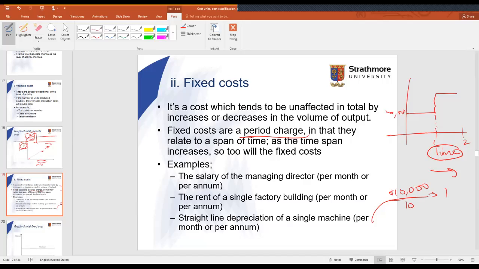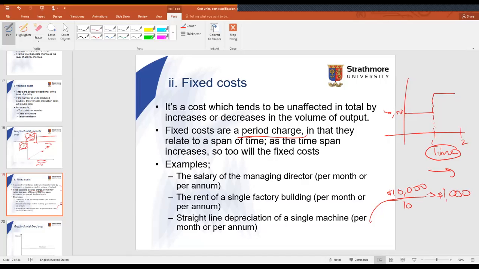So every year, the amount of depreciation, the loss of value of the asset, will be 1,000. It does not matter whether we're in year 1 or year 10. The loss of value of the asset is equal at $1,000. This is therefore a fixed cost.